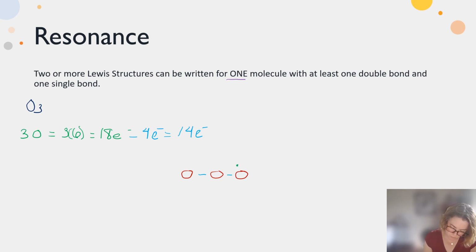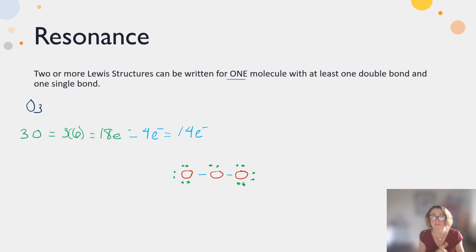So I'm going to do 2, 4, 6, 8, 10, 12, and then the last 2 to make it to 14 are going to go on that central oxygen. Okay. So I have put all 18 electrons in this structure. The octet is satisfied for the oxygens on the ends, but the oxygen in the middle is not satisfied.